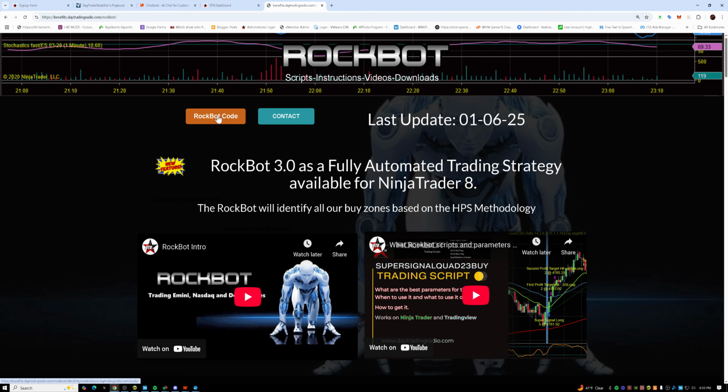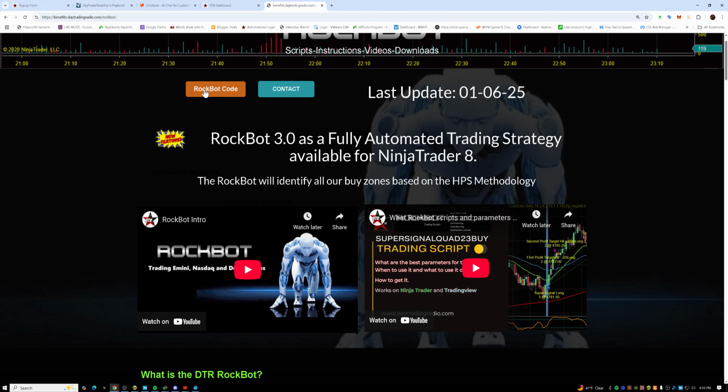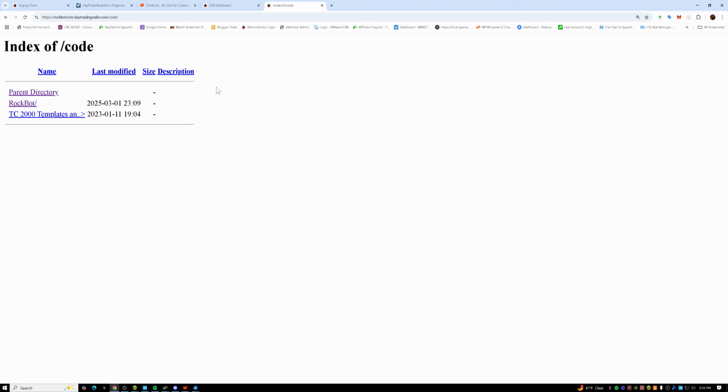Go up to Rockbot code on the top of the info page. Click on that, and then you're going to see the directory, and you see Rockbot here. Click on Rockbot, and then this one, the Rockbot latest scripts. Click on that, and it's going to drop it into your download folder. So it should be uploaded to your machine right now.